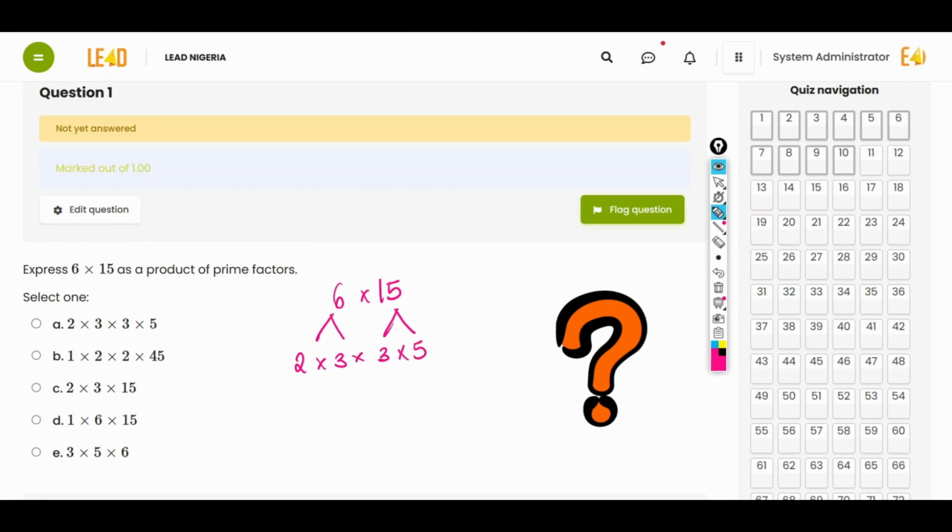So I would end up with 2 times 3 times 3 times 5. That's option A. One could very well have first multiplied the two of them. If you multiply 6 times 15, you would get 90, and then after doing the prime factorization of 90, you would arrive at the same point.